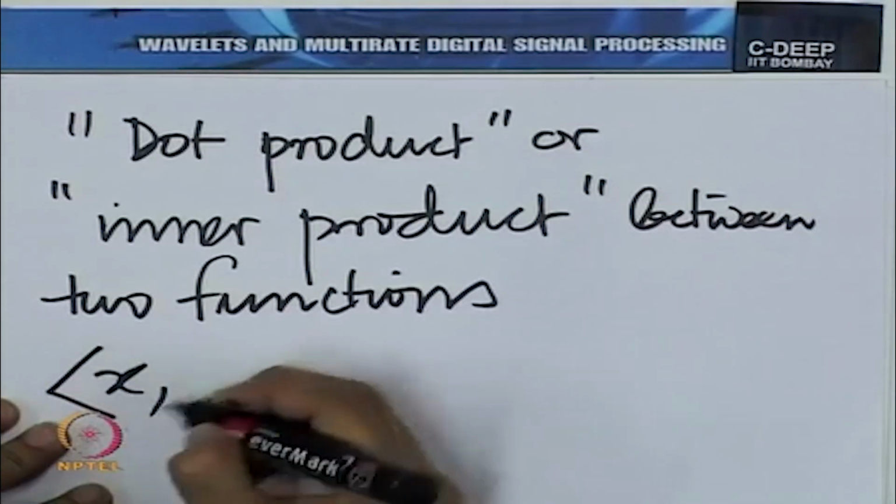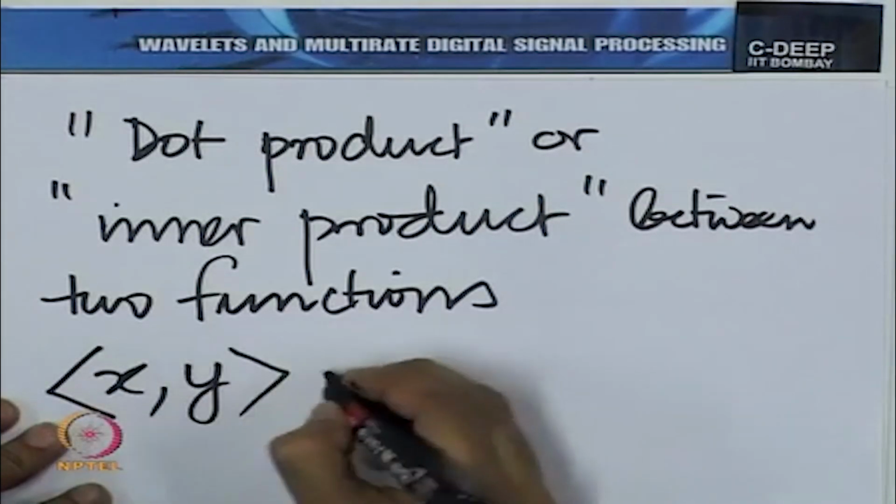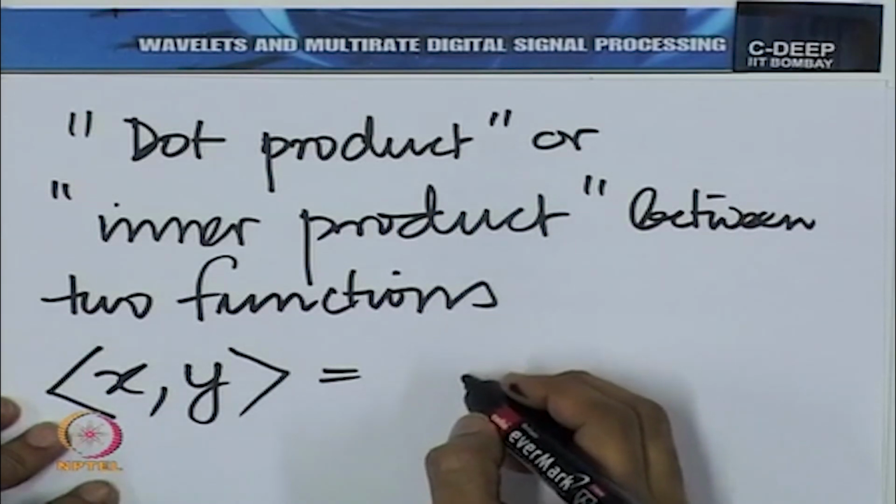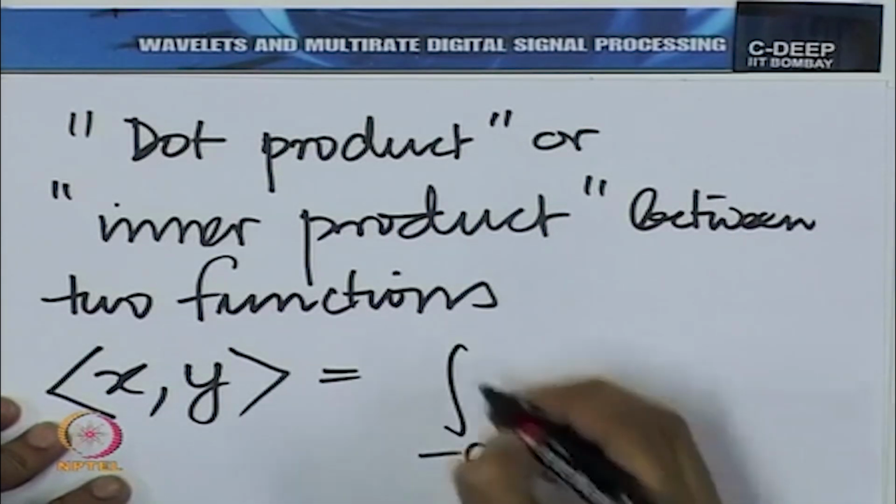Essentially, if I take two functions x and y both on the variable t, that dot product is not going to be a summation anymore, but an integral.